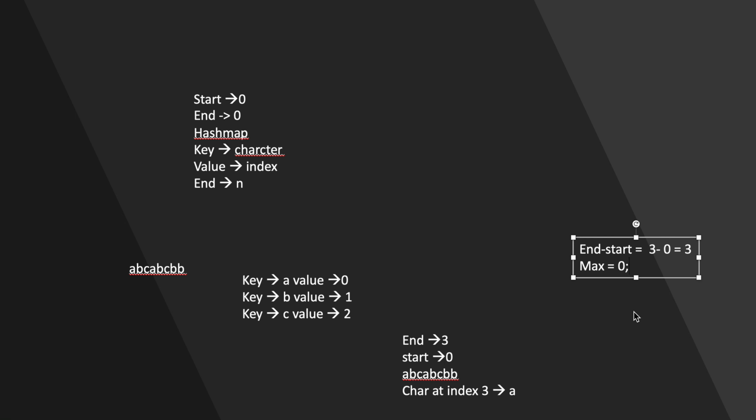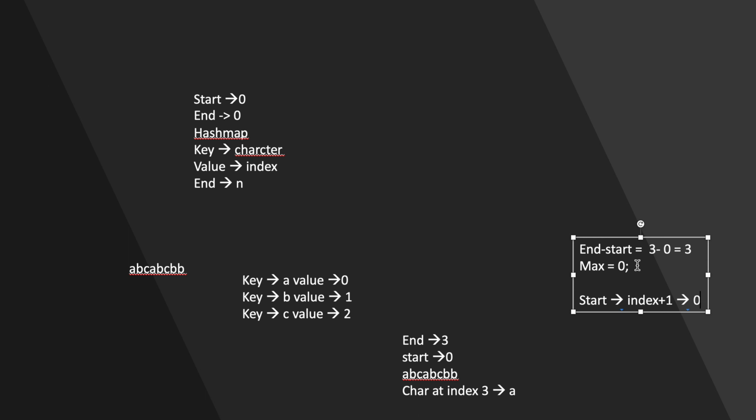Also in this scenario, we'll update the value of start for next iteration. Now we have calculated one substring. So for further scenario, we'll update the value of start, which is equal to index plus 1. Here index represents the value of repeating character in hash map. In this scenario, value of start will be, what's the index of a in hash map?